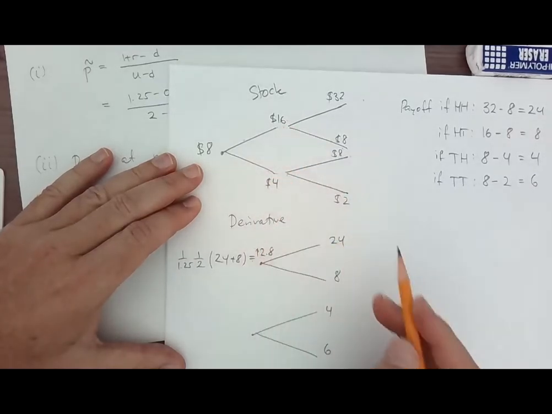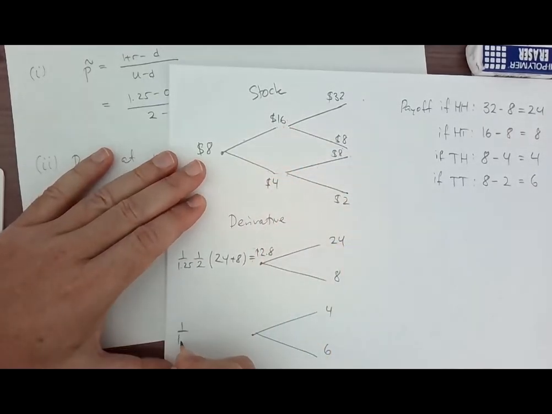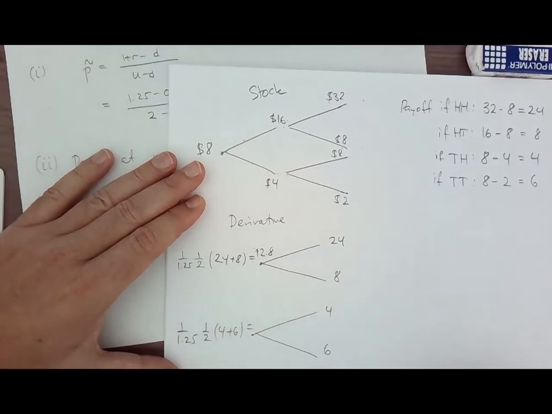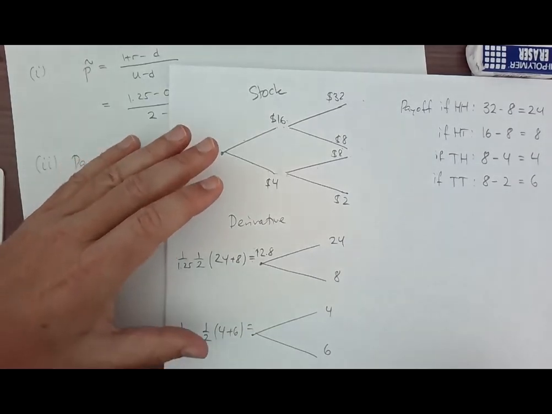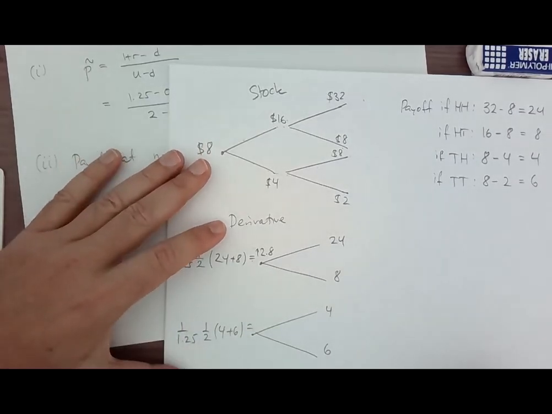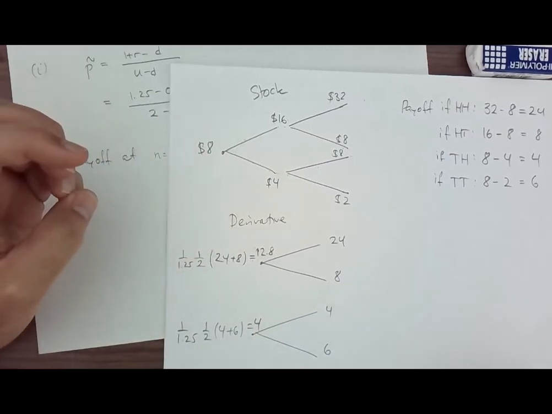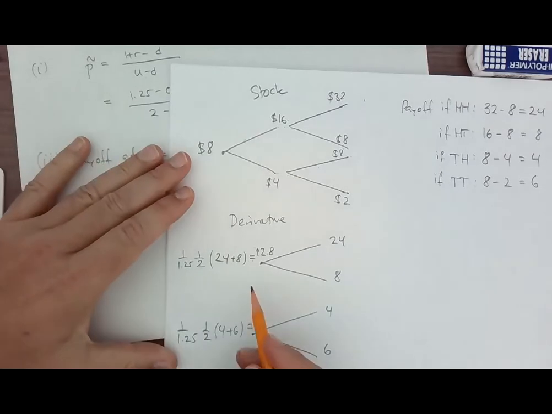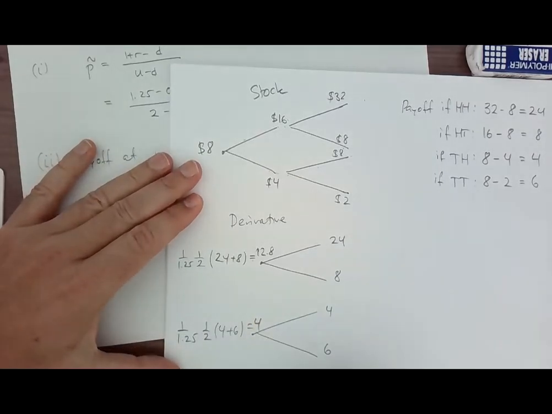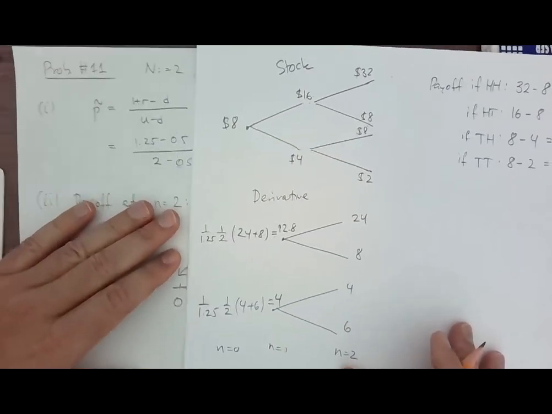And then there's this node, do the same thing. Interest rate, probabilities, payoffs. This will be, I think, 4. And then finally, this was at time 2, this is at time 1, but we have to get all the way out to time 0.